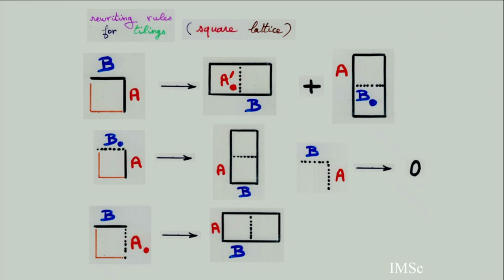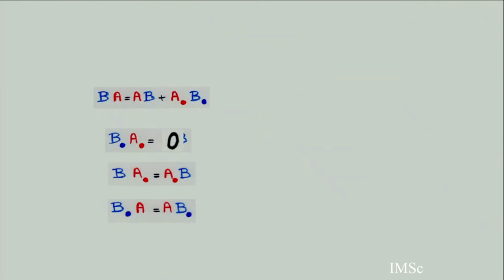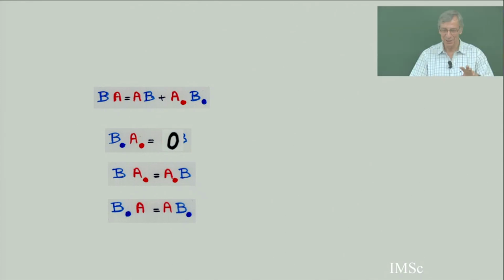If you look carefully at all the possible local configurations of a tiling of the square lattice, you get all this. Is this the same as plane partitions? No, it's different. There is B dot A dot equals 0.